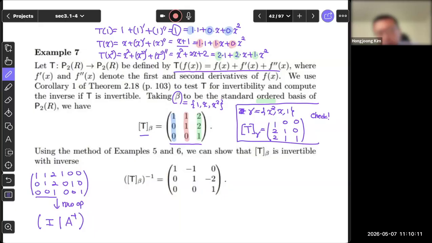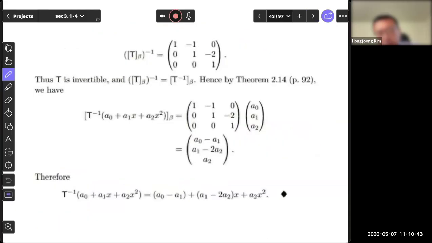So by doing these row operations, I can find the inverse matrix. Please check this. So this is the inverse of this matrix.